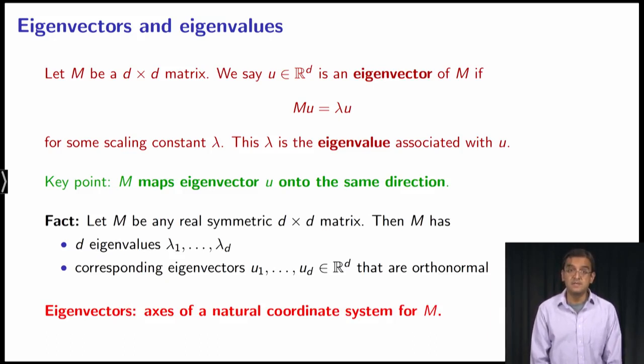Specifically, if we take any symmetric matrix M of size d by d, then it has d eigenvectors that are orthonormal. So each of them is of unit length, and they're at right angles to each other. Their dot products are 0. And we can therefore think of u1 through ud as the axes of an alternative coordinate system.